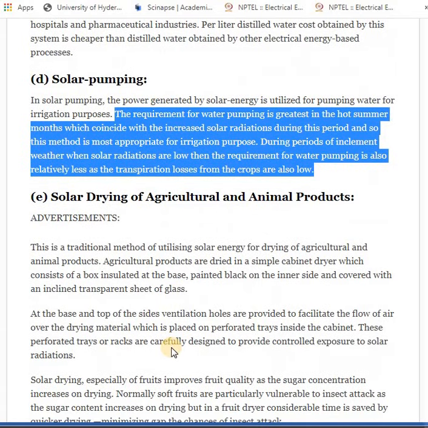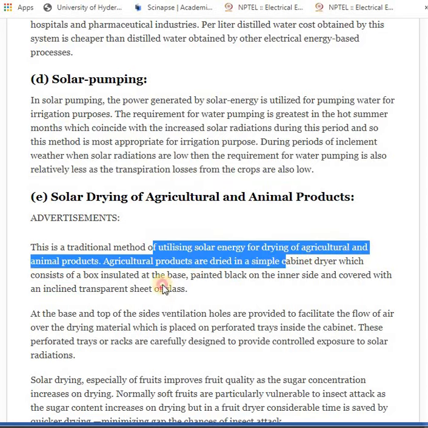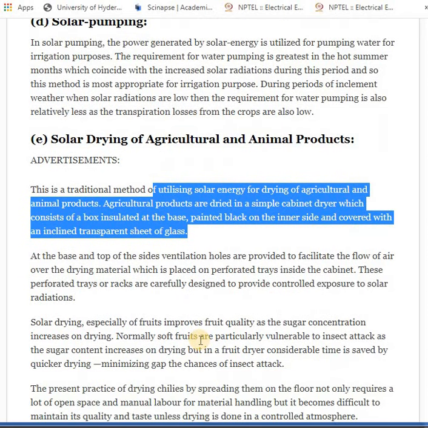Now solar drying of agricultural and animal products is using solar radiation for drying of crops, fruits and vegetables, and material used for animal feed. In a simple cabinet dryer, ventilation holes are provided at the base or on the top or sides to facilitate airflow over the drying material.